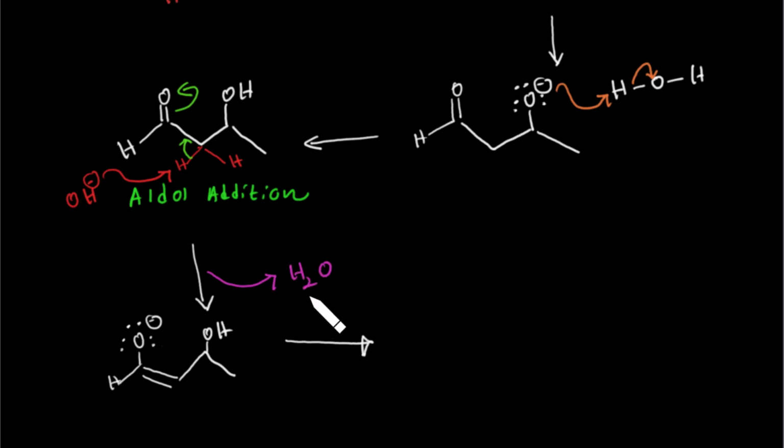Then in the last step, you can see it makes a new bond and removes this OH group. Then we have this aldol condensation product. You can see we have a double bond here now. This is the aldol condensation product.